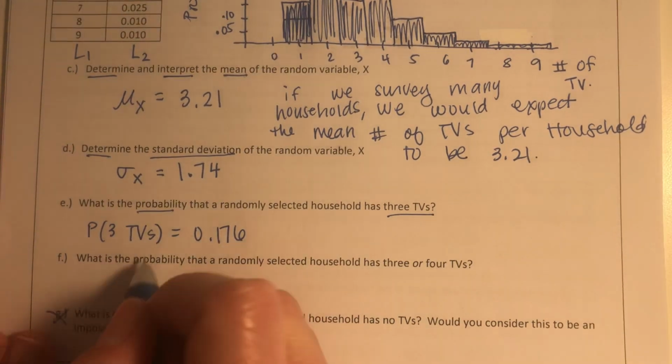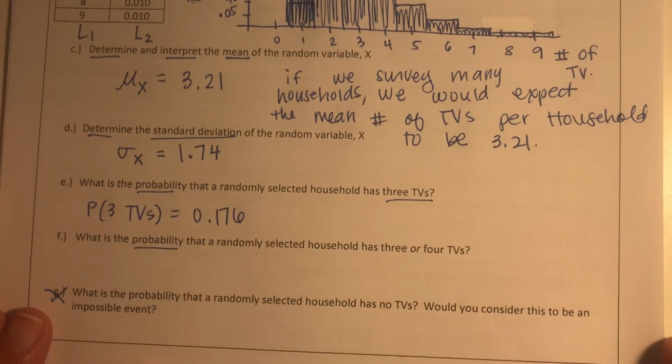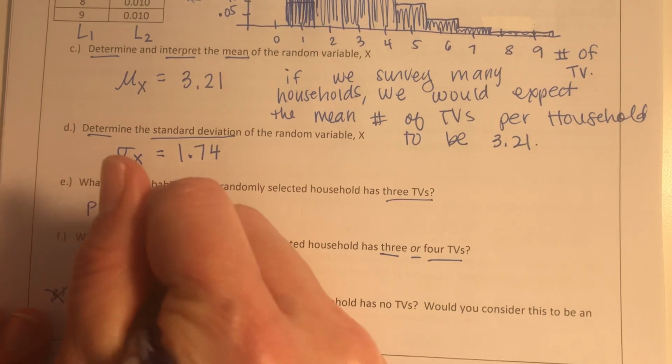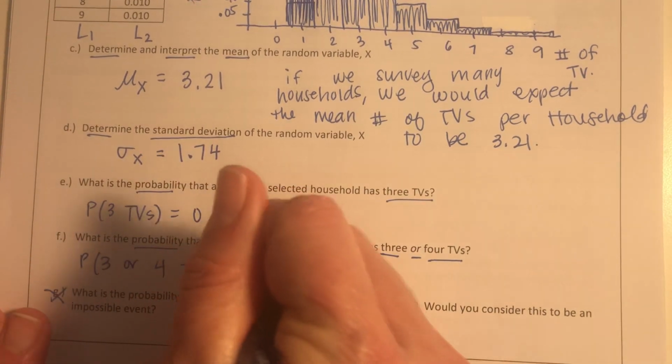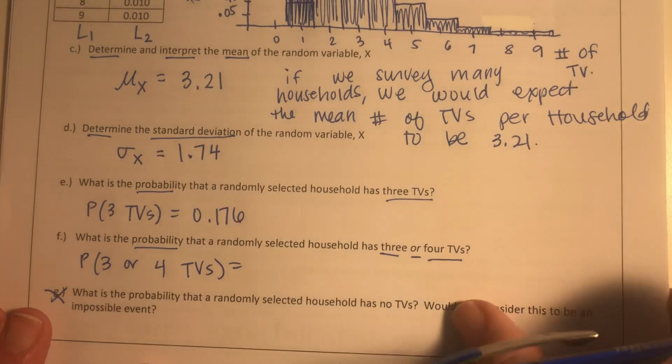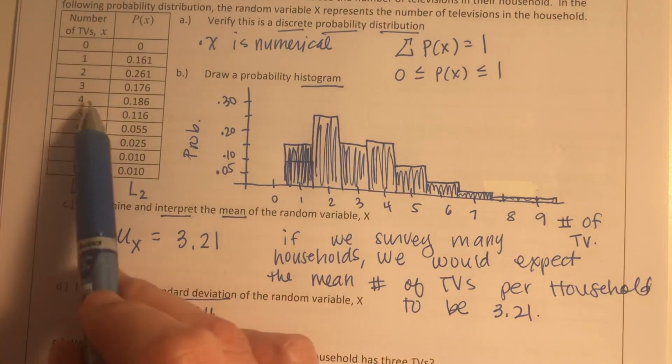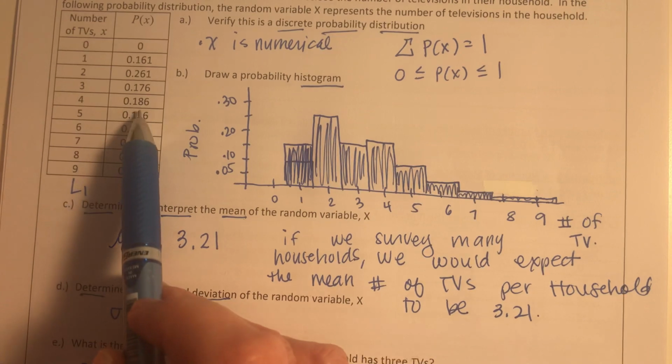Next one says, what is the probability that a randomly selected household has 3 or 4 TVs? So the probability of 3 or 4 TVs, again, going back up and reading our table, is found by adding together the probability of 3 TVs plus the probability of 4 TVs.